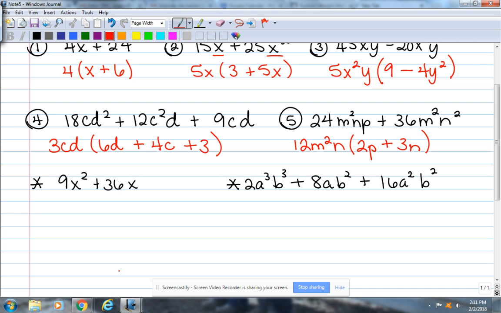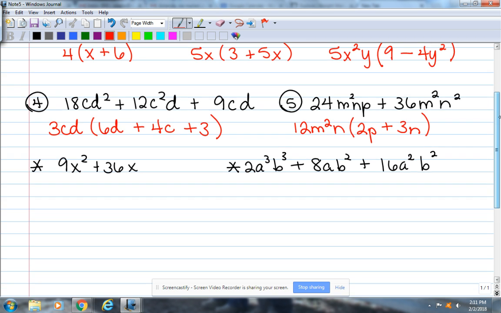Do both of them. What goes into 2? 2's prime. So 1 and 2 is the only thing that goes into 2.